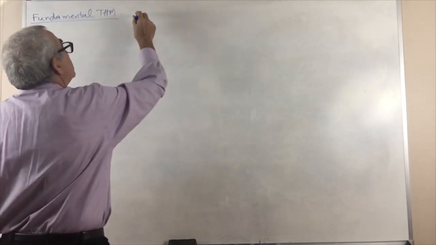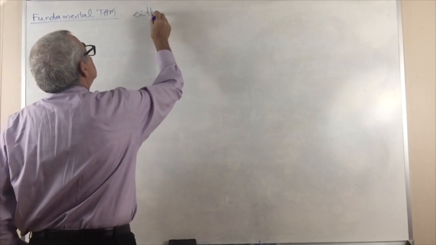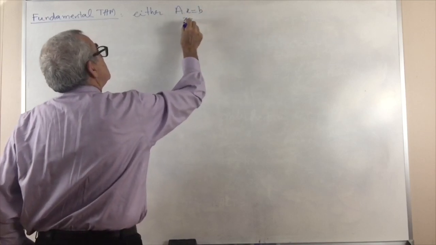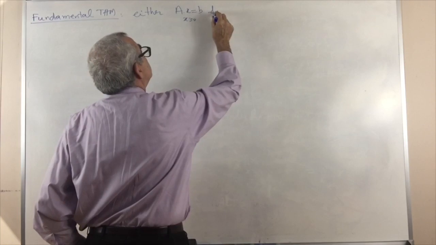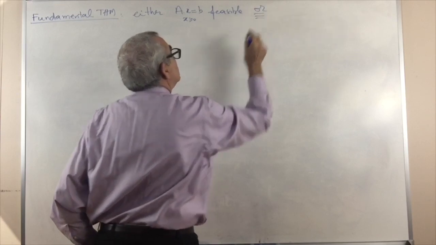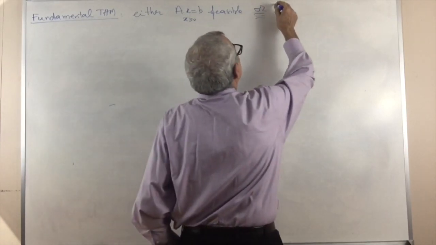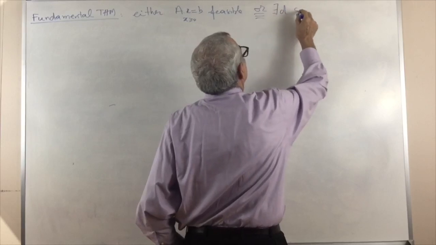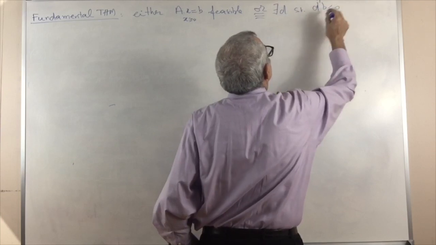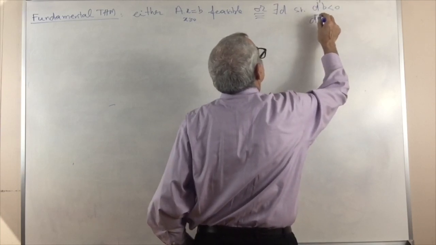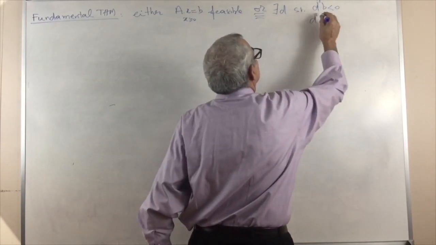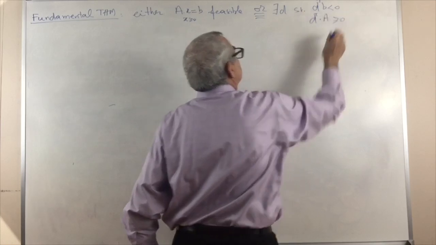It states the following: either A dot x equal to B, x greater or equal to 0 is feasible, or there exists a vector D such that D transpose B is negative and D transpose A is greater or equal to 0.